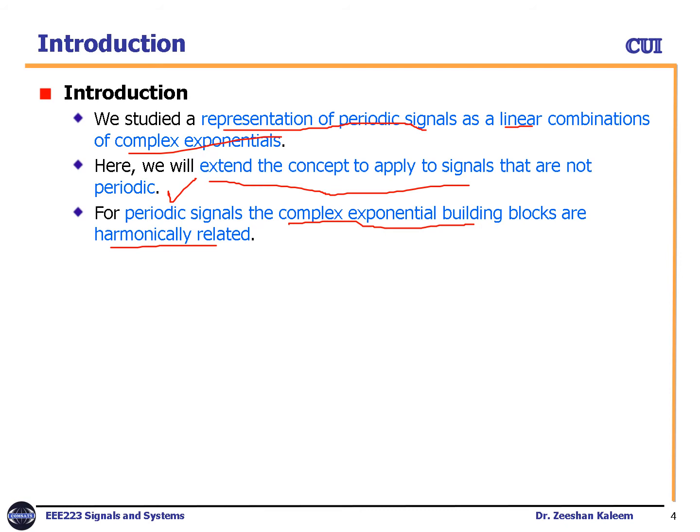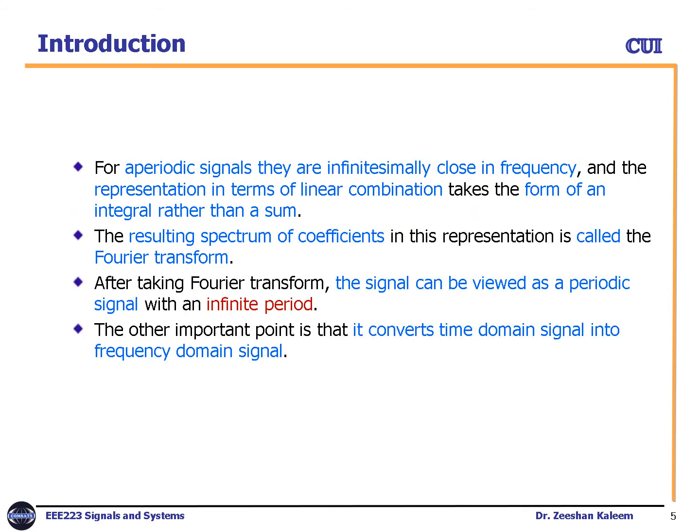These are harmonically related. For aperiodic signals, they are infinitesimally close in frequency, with a very small gap between them, and the representation in terms of linear combination takes the form of an integral rather than a sum.